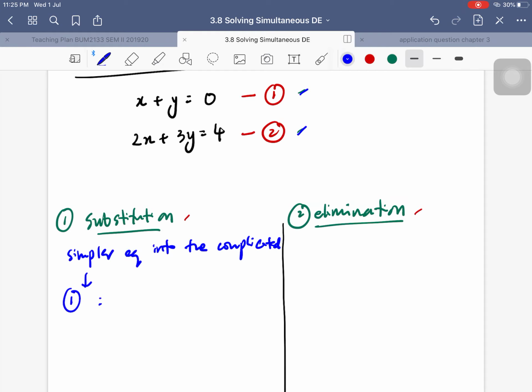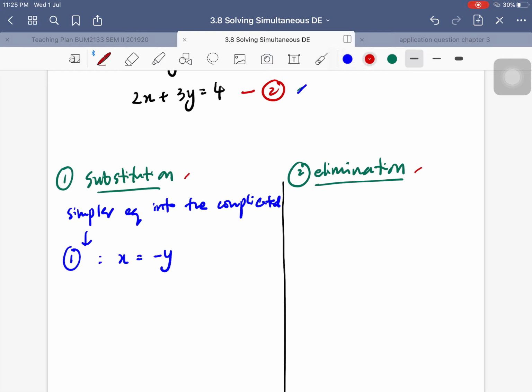From equation number 1, I can write that x is going to equal negative of y. I'm going to substitute this newly arranged equation into the more complicated one, which is equation number 2. Whenever I come across x in the equation, that will be replaced by negative of y.